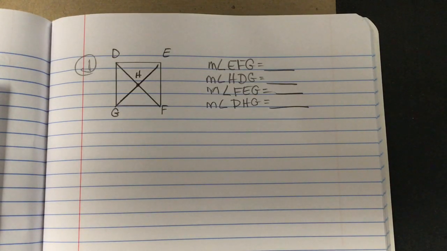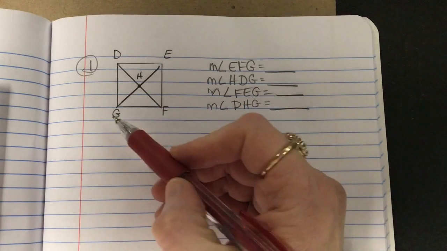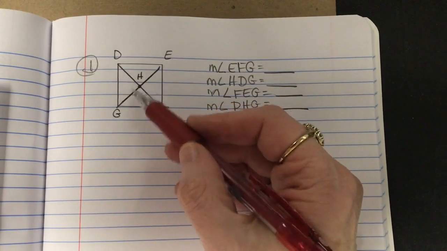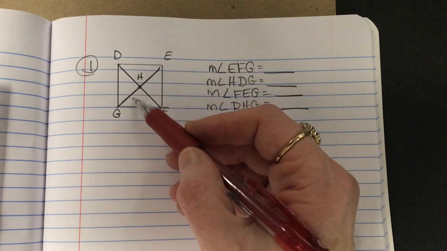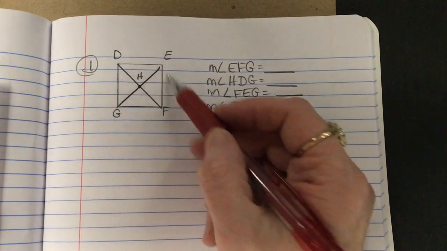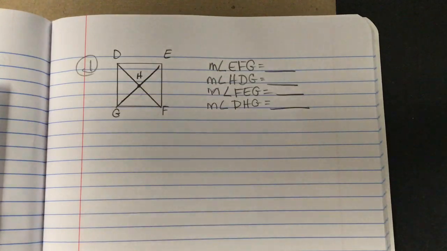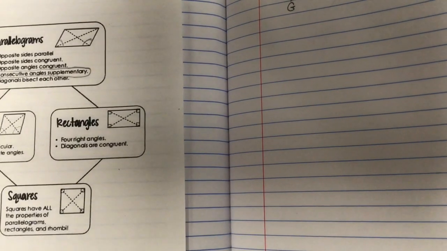But it's a rhombus, and we know that the rhombus has perpendicular diagonals, that they're right angles right here too. So you got right angles, and all the corners are right angles. So here's the easy part. You'd think the square with all of these rules would be the hardest. The square only has two answers.